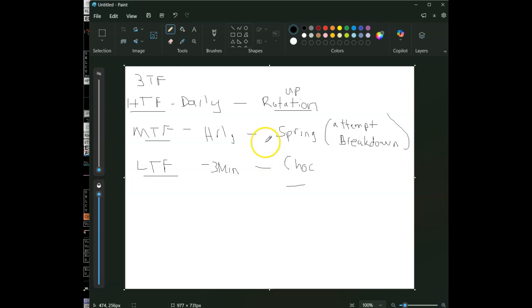Because what this signifies is not some random thing. What it signifies is that the daily guys are stepping in to protect their campaign. They are protecting their campaign because the daily have an objective.